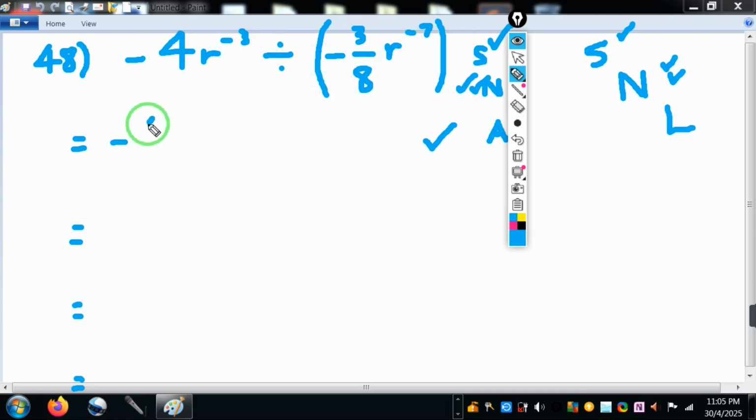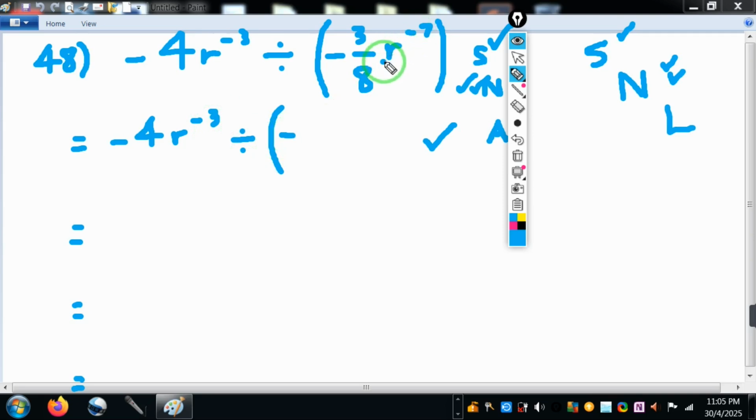So just put here minus 4 and you just put here minus 3. So nothing happened here. The division here, I want you to do a little modification. Please, yeah? Put here minus.